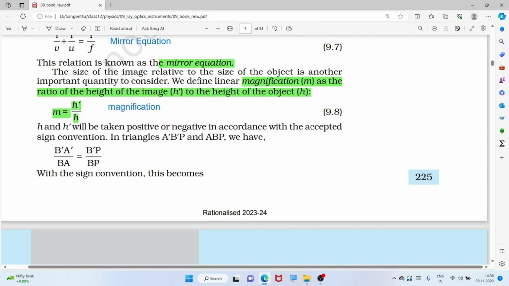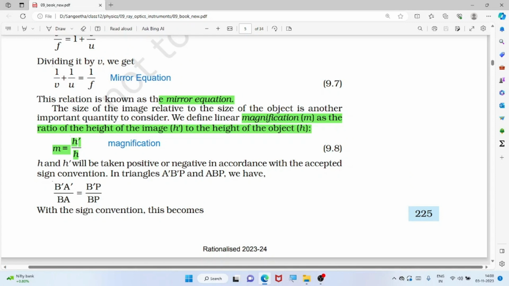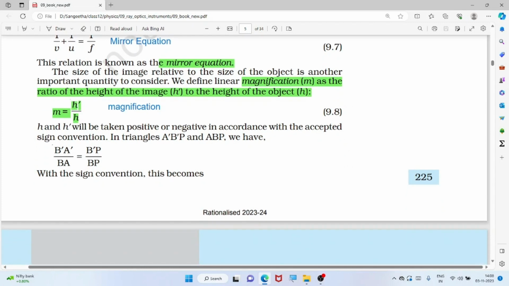This is the mirror formula, the mirror equation. u is the object distance, v is the image distance, and f is the focal length. Magnification is the height of the image divided by the height of the object.